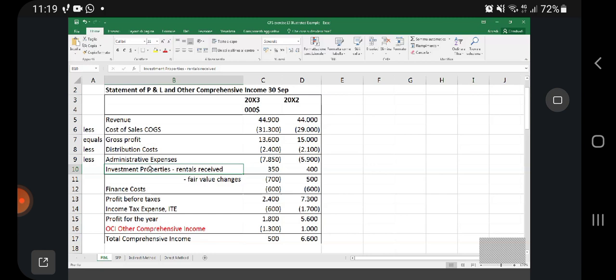And being a side business, I'm not interested to include the fluctuations in the fair value in other comprehensive income. I'm just recording them in the results of the period. So again, usually the variations in the fair value will be part of other comprehensive income, and the fluctuations in fair value of other fixed assets for this company are part of other comprehensive income. The only exception is investment properties.